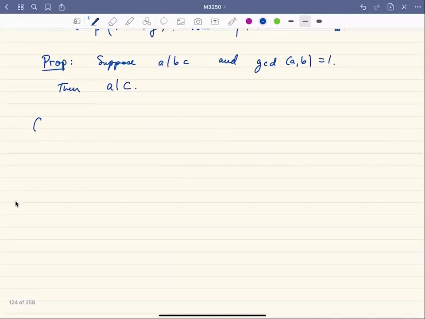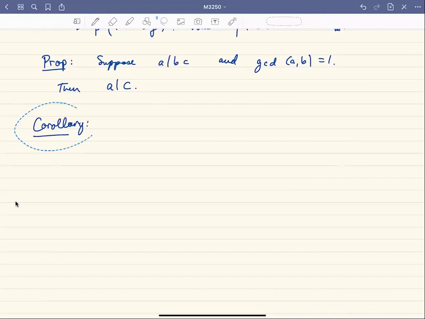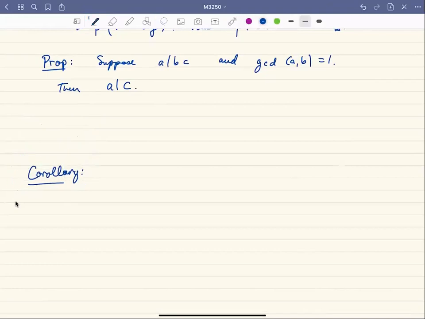One corollary of these facts, namely of the second proposition that I mentioned, is that when you're working with modular arithmetic, you can cancel in a certain sense. I think it's worth taking a step back here. We've already seen that if a is congruent to b and if c is congruent to d, then a plus or minus c is congruent to b plus or minus d, mod m, with some modulus.